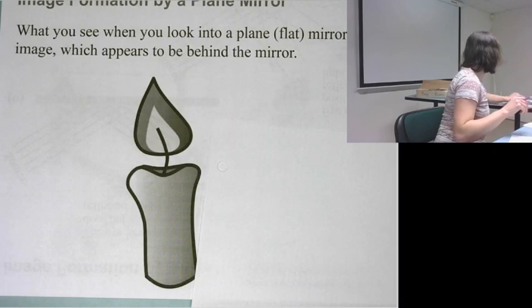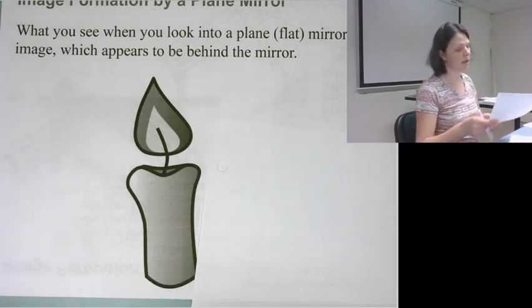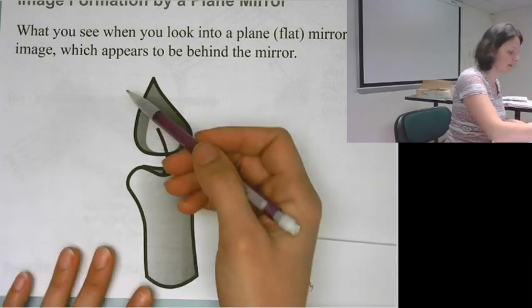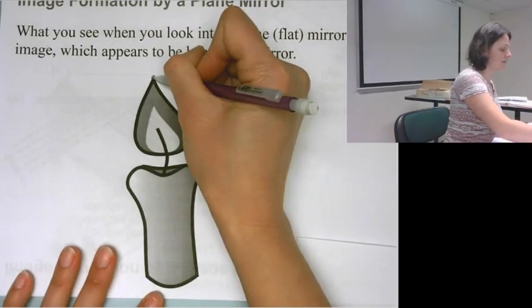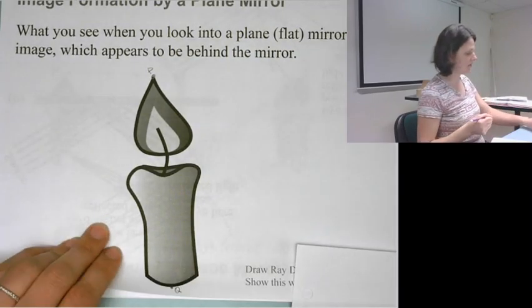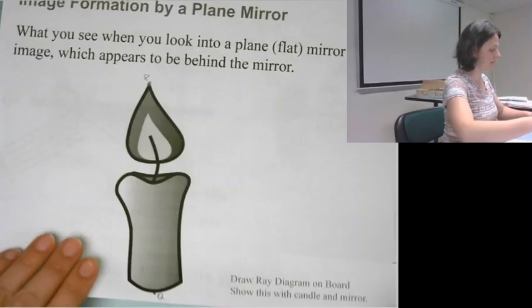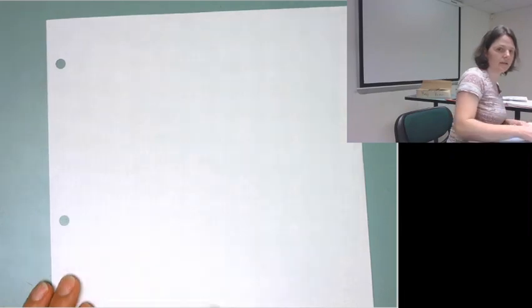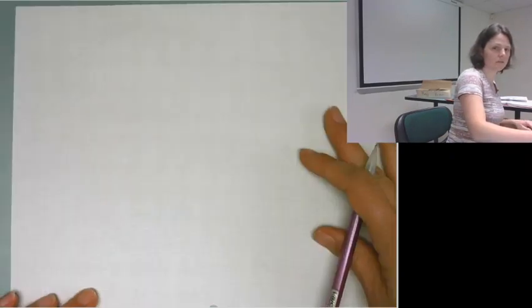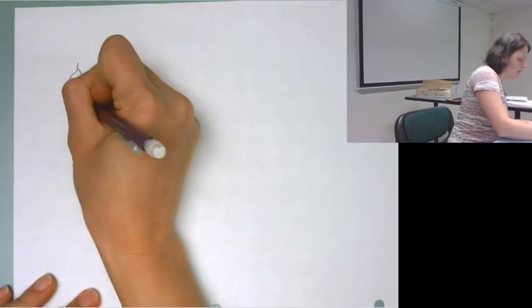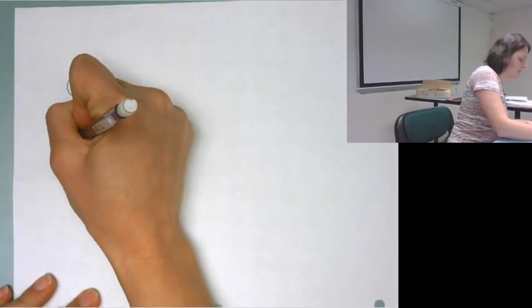So let's draw what happens to diverging packets of rays, one packet coming out of here, which we'll call point P, and one coming out of here, which we'll call point Q. This figure is a little too big, so I'm going to have to draw it on a piece of paper like this. So here is my candle. It looks like that.